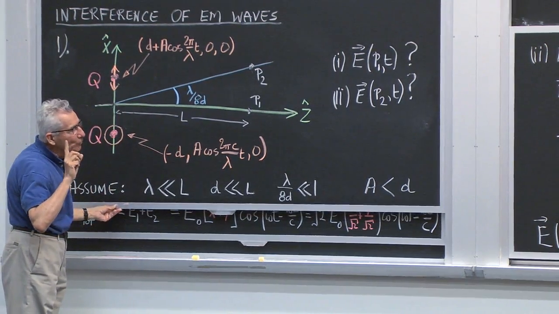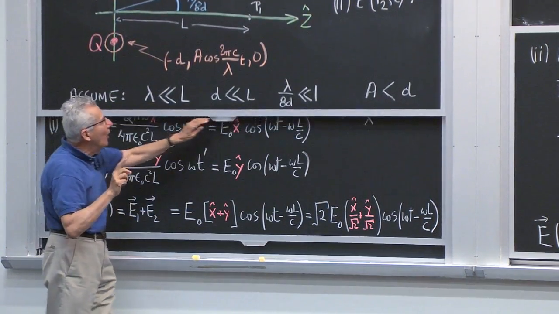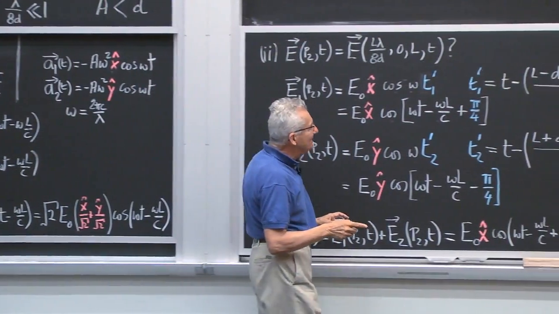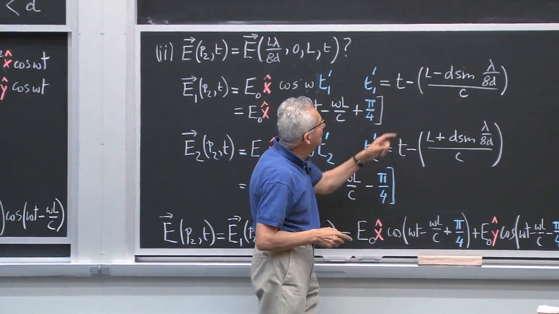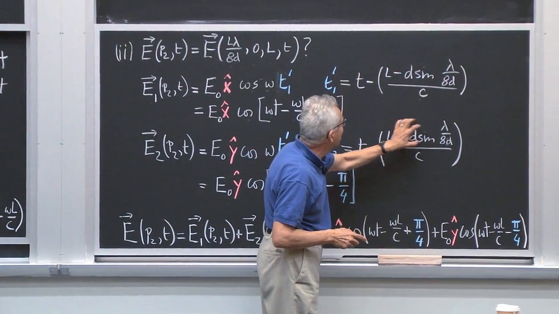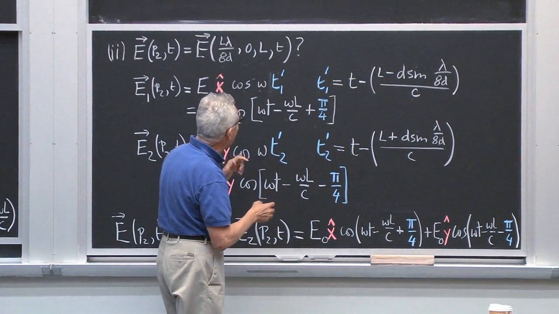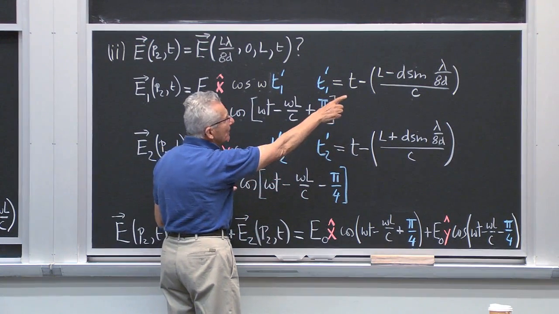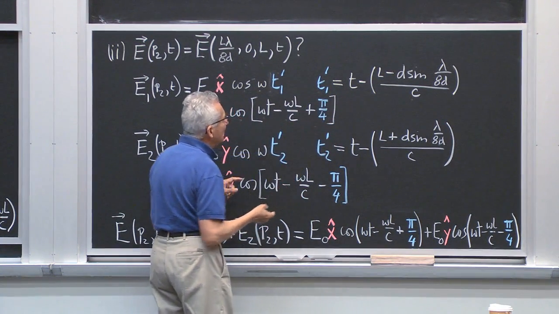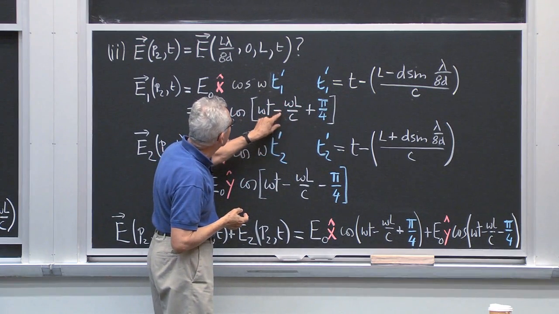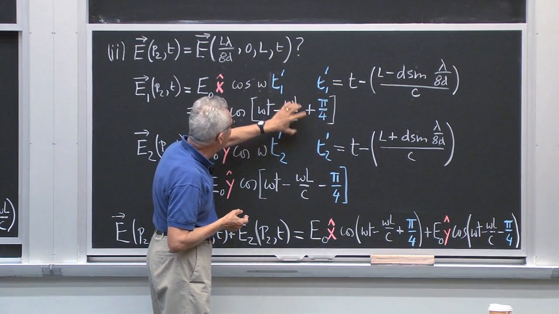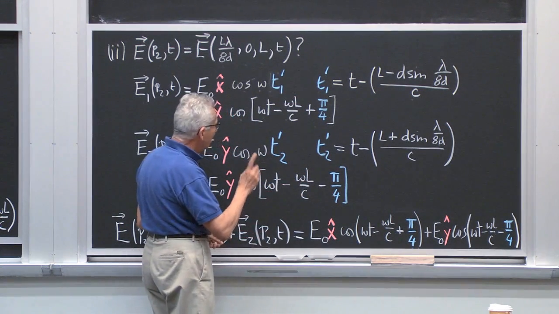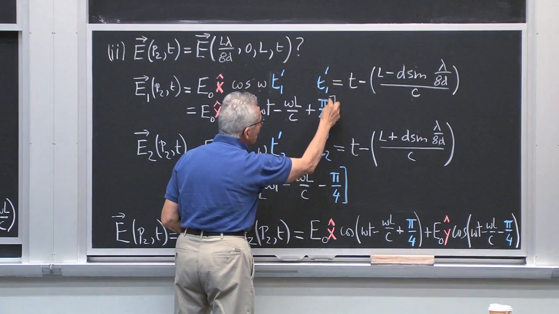I want to emphasize that what is important here is the difference between this and that, and not the absolute value. So when I'm approximating, if you do this calculation for yourself, you'll see I'm doing a slight approximation, but this and this is the same quantity. The important thing is this difference of phase.